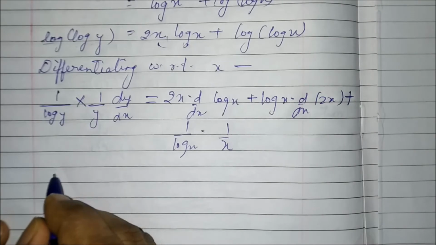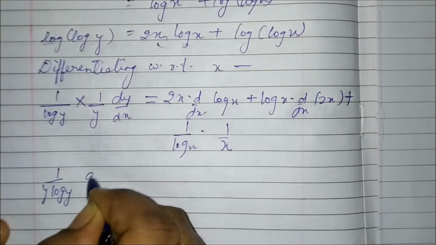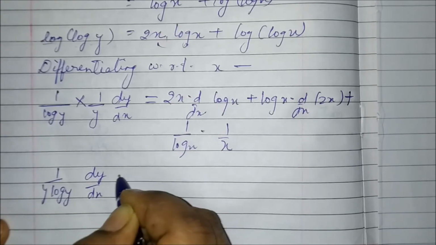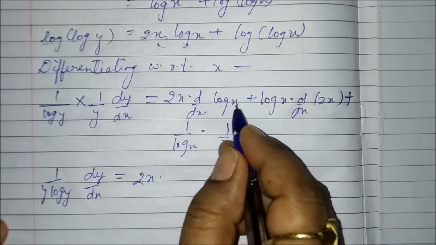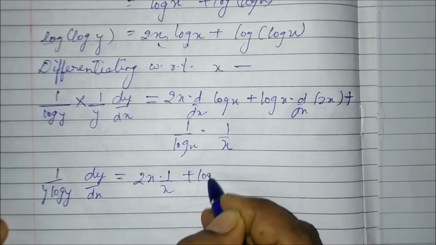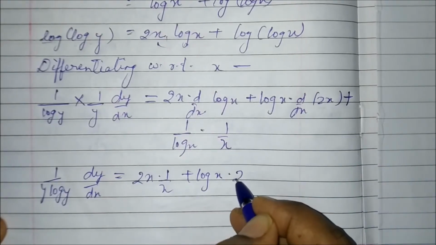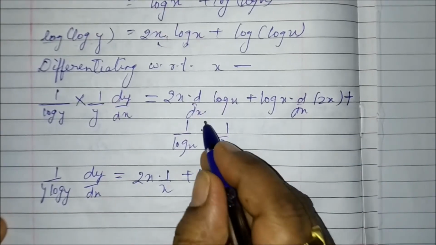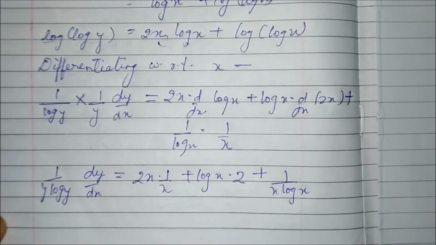Now we write 1 upon y log y dy by dx equals 2x into the derivative of log x, which is 1 by x, plus log x into the derivative of 2x, which is 2, plus 1 by x log x.